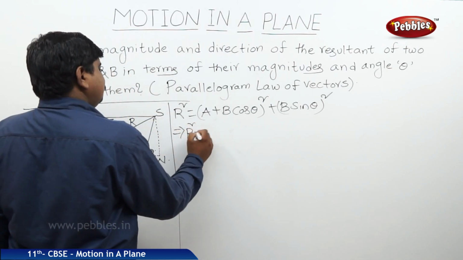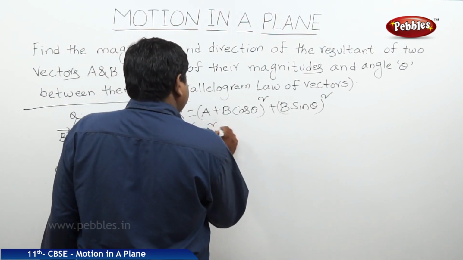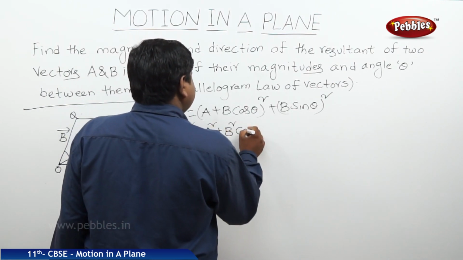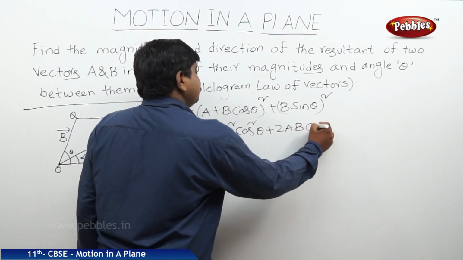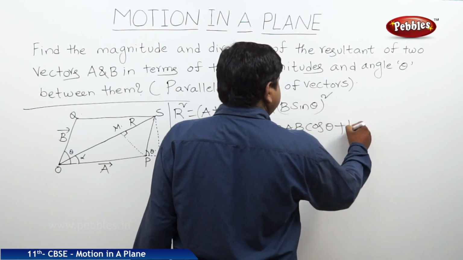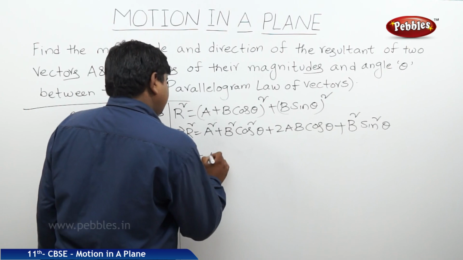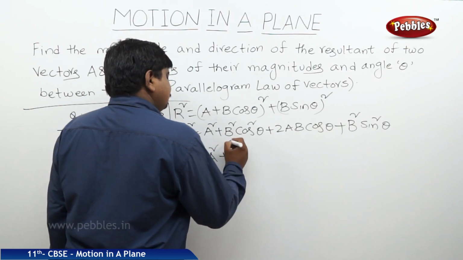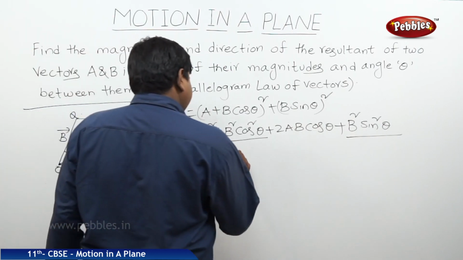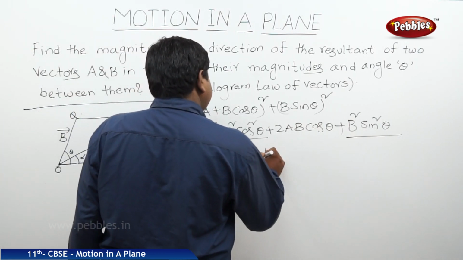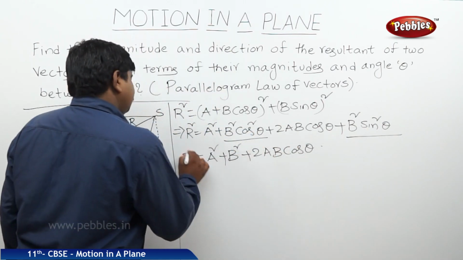R square is equal to A square plus B square cos square theta plus 2AB cos theta plus B square sin square theta. B square cos square theta plus B square sin square theta will become B square, so A square plus B square plus 2AB cos theta is equal to R square.